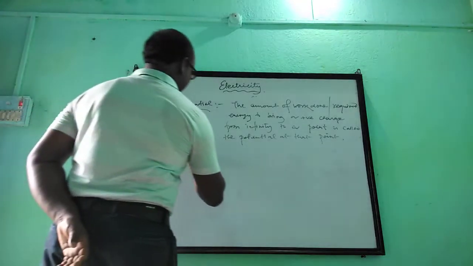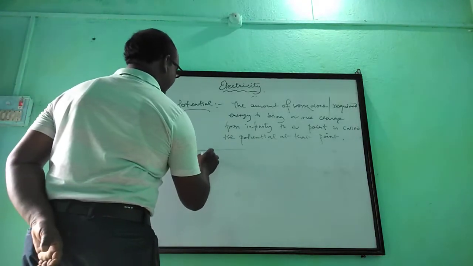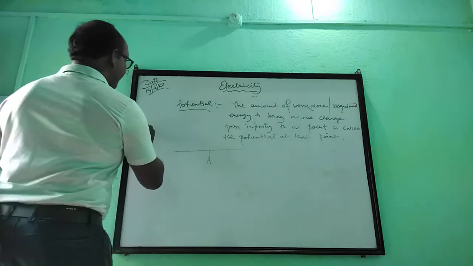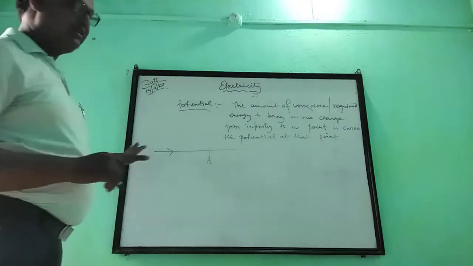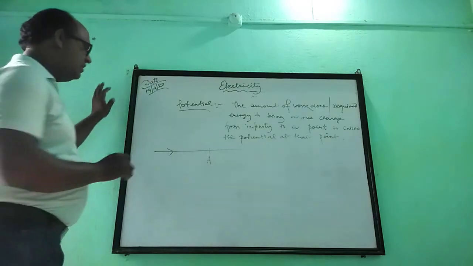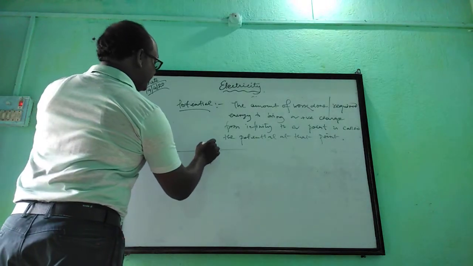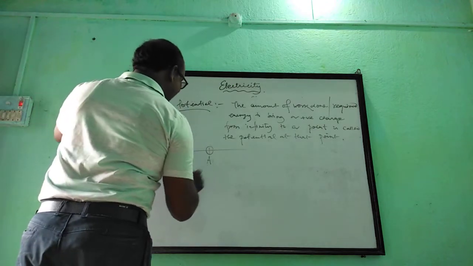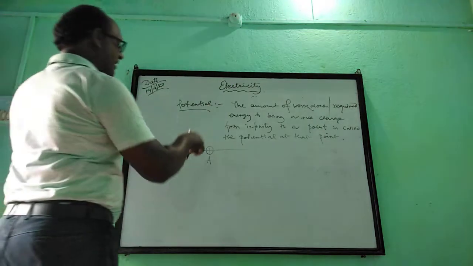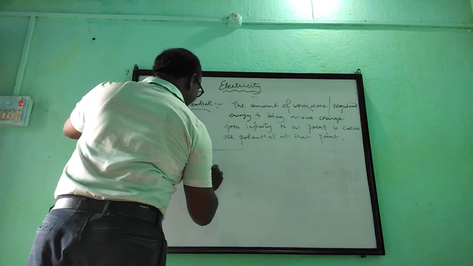If this is a conductor and it's a point A, from infinity this conductor is coming from an infinite distance, then the work to bring one positive charge up to A is called potential at A, and it is denoted by VA.